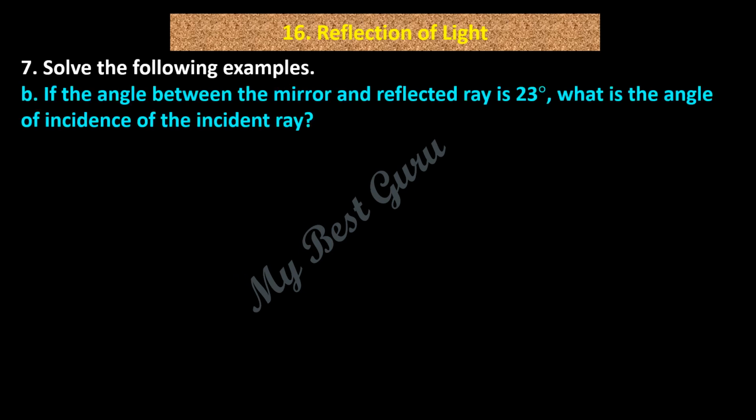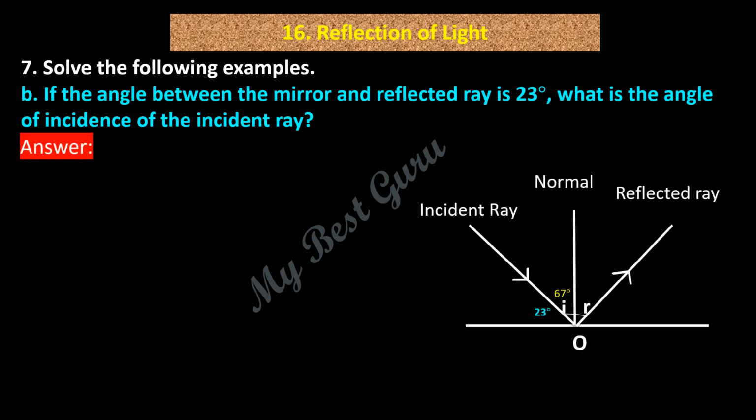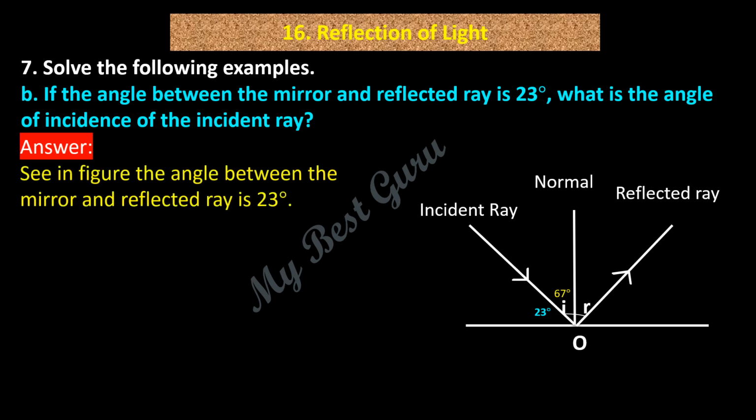Question number 7. Solve the following examples. B. If the angle between the mirror and reflected ray is 23 degrees, what is the angle of incidence of the incident ray? Answer. Figure: incident ray, normal, reflected ray, angle of incidence I, angle of reflection R, point O. See in figure, the angle between the mirror and reflected ray is 23 degrees.